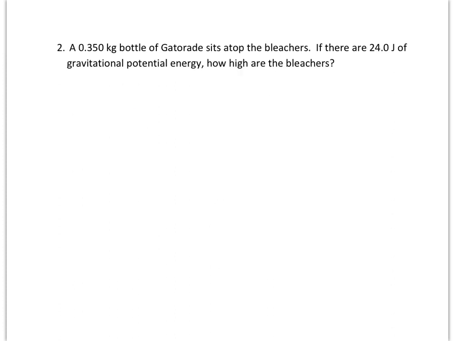Okay, so now for number 2, you have a 0.350 kilogram bottle of Gatorade sitting on top of the bleachers. It tells you there are 24 joules of gravitational potential energy, and we want to know how high the bleachers are. So the Gatorade bottle is on top of the bleachers.